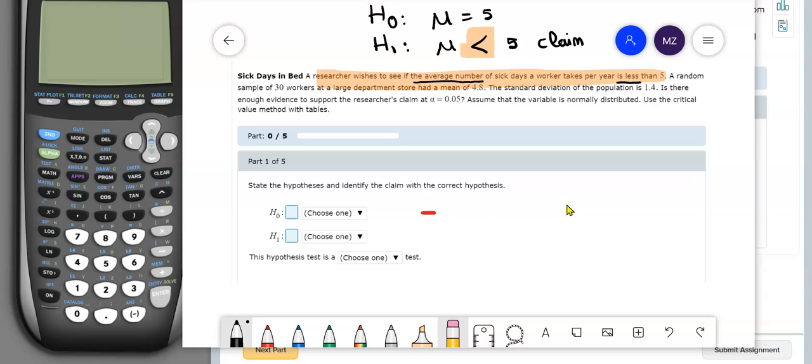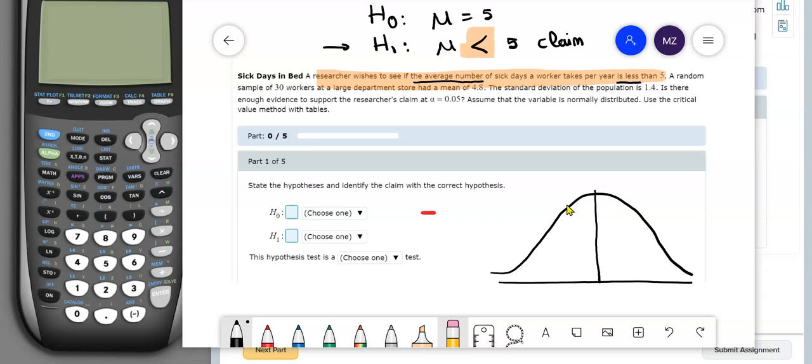Now if I had to graph it, I'm always going to be graphing H1, the claim. So this is my normal distribution. Supposedly I didn't read the text yet, but anyway, I need to define my environment. The 5 is here and the mean is less than 5.